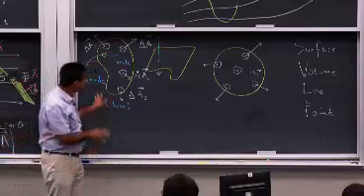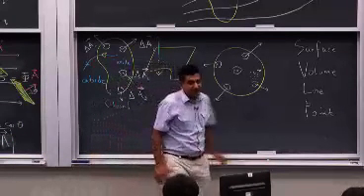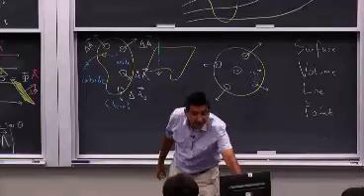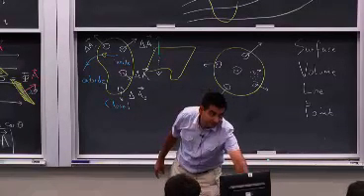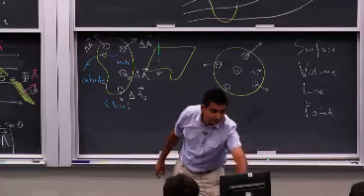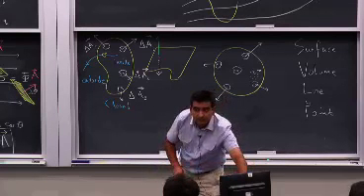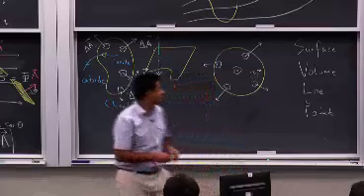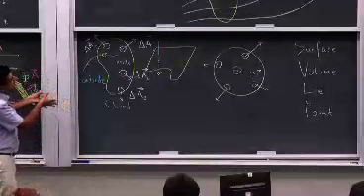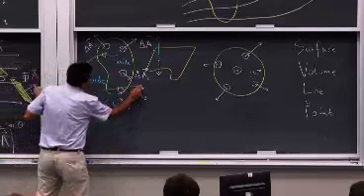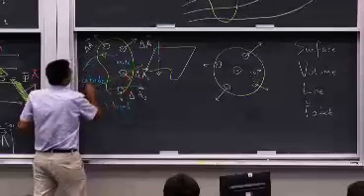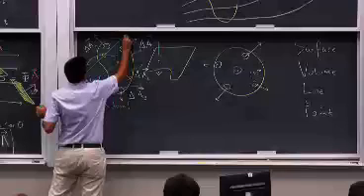Now if this volume is bathed inside an electric field, immersed inside an electric field which is non-uniform, suppose I just draw an electric field that pierces this closed volume.